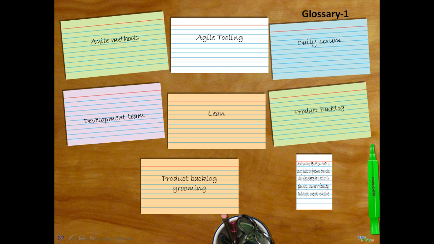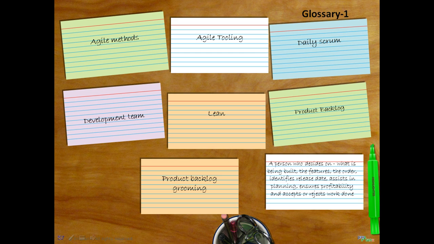Product owner, a person who decides on what is being built, the features, the order, identifies the release date, assists in planning, ensures profitability, and accepts or rejects work done.